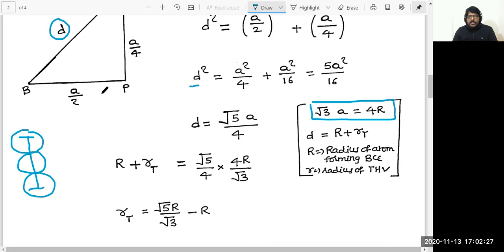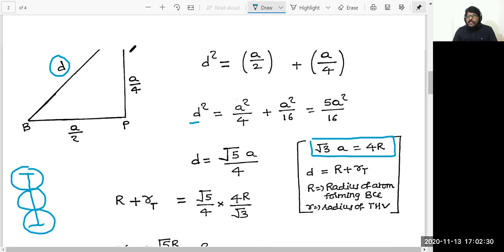And here, body center and the tetrahedral void are obviously in contact. I told you, the atom which is going to sit in the tetrahedral void will be in contact with this body center atom. So d is equal to the radius of the atom which is forming the BCC unit cell plus the radius of tetrahedral void.